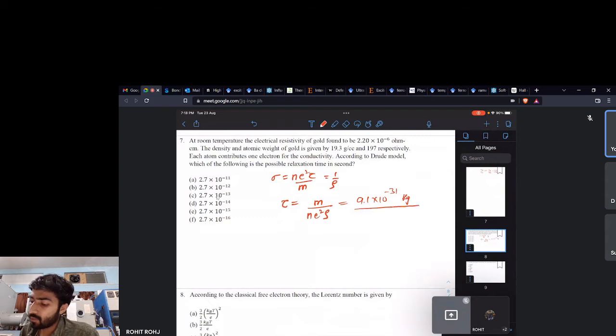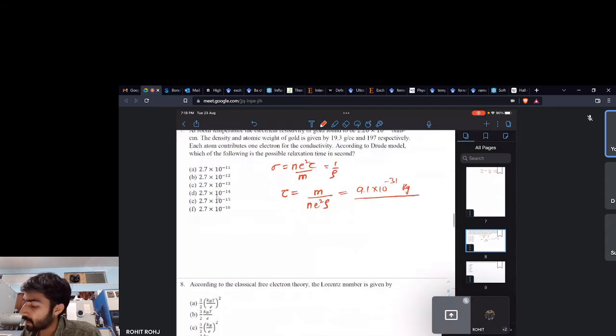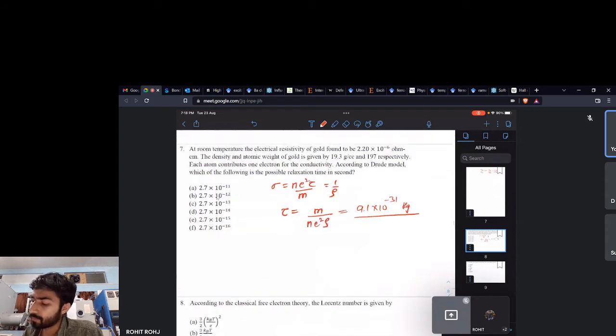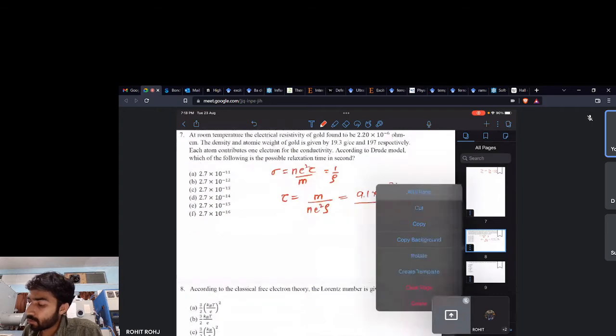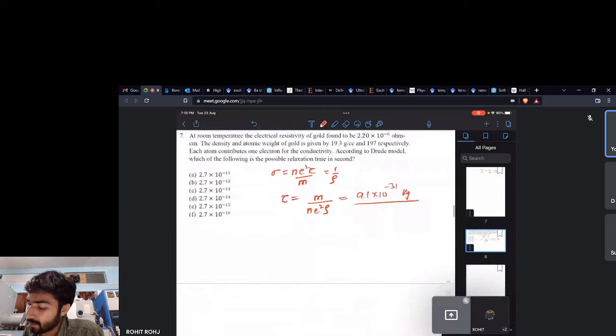Now charge density we can calculate from the following information given to us. The density of gold is given, that is 19.3 grams per centimeter cube, and n is the number of electrons present in 1 centimeter cube volume.